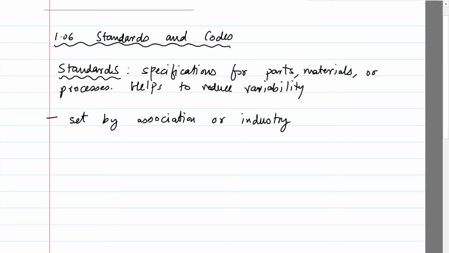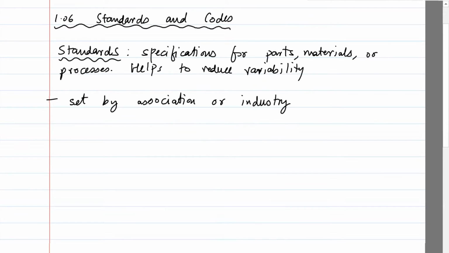So sometimes maybe the association sets standards saying that something should be made with a tolerance of X, but the industry might have a standard that says it should be half of X. So it has a higher standard than what the association demands. And you might want to do that because maybe you want to distinguish your part from somebody else who doesn't quite make that good a part, right? And so then clearly in that case, if you have looser tolerances, then your part is going to be cheaper compared to something which has a more stringent tolerance.